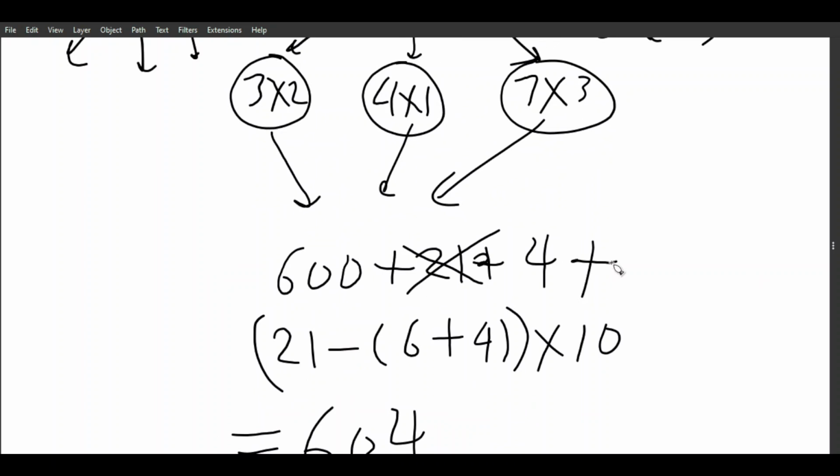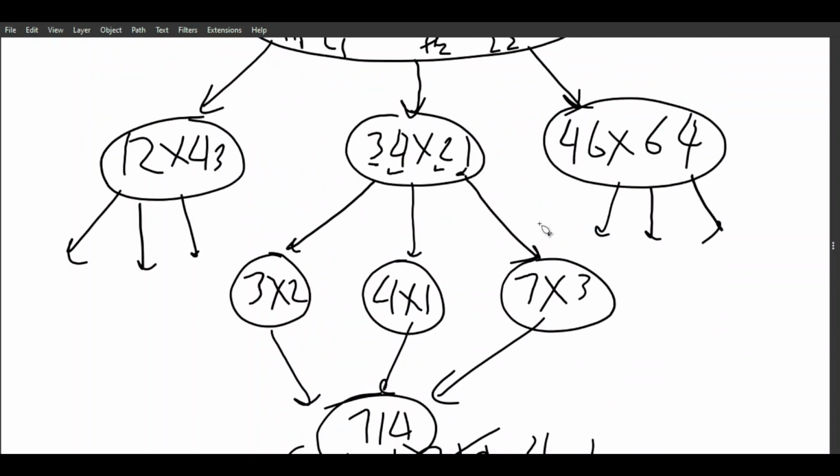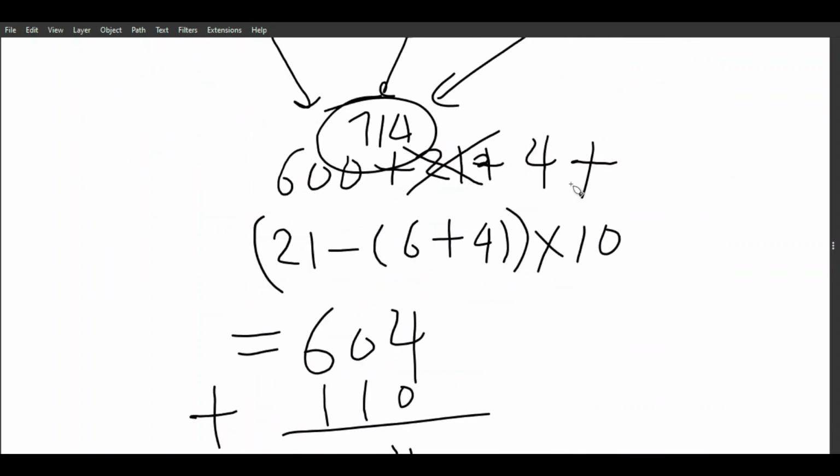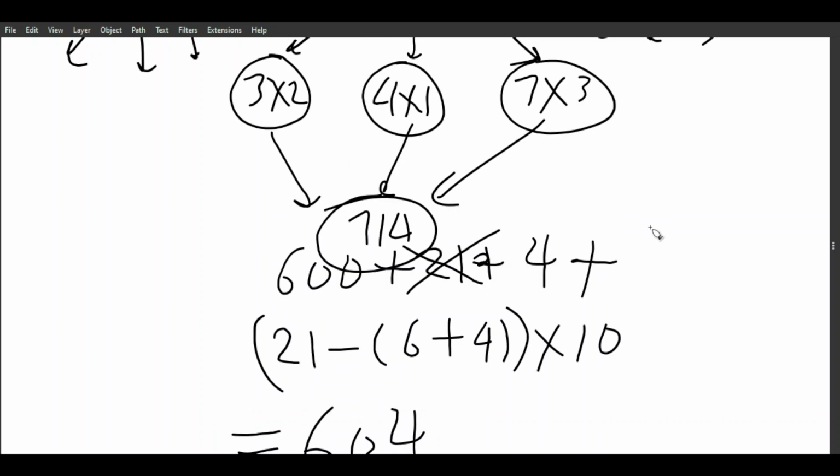So here just write the result 714. In the same way we conquer the other subproblems at the first level and make the graph. So I will just write the answer. We get 516 by combining these three.